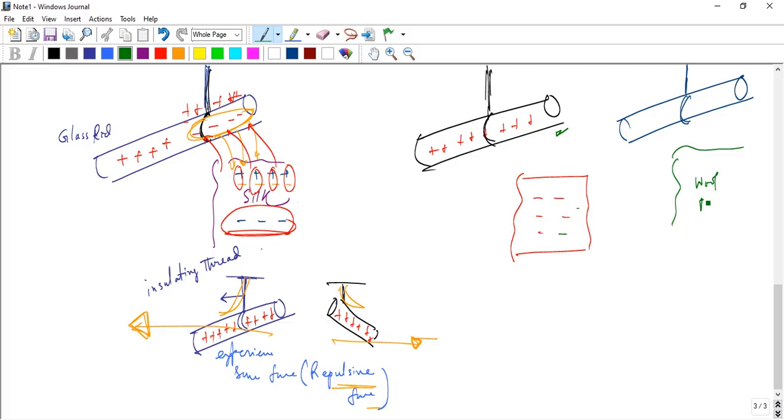Before, there is an equal number of plus and minus in the wool. After rubbing, the wool loses electrons, and these electrons go to the plastic rod. The plastic rod gets minus.